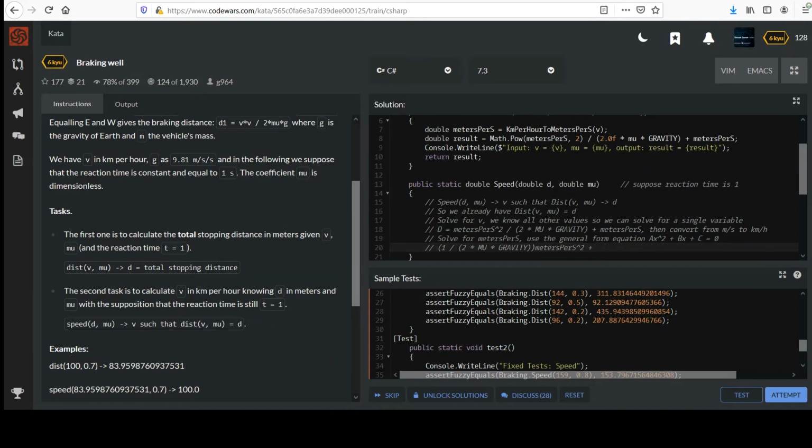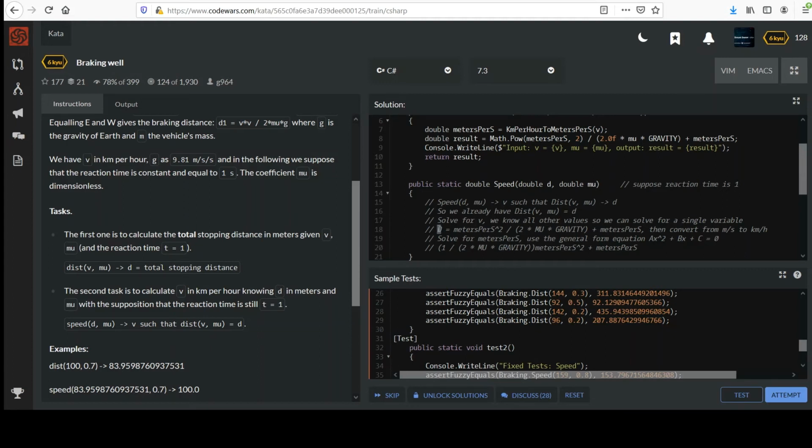Plus we have our b term, which in this case is just the meters per second from the equation. Remember this part? That's an x, so we can just say plus meters per second, where it's implied that the b value is 1, right? Coefficient there. And then to get the c term, which is just a constant, we had d on this side, right?